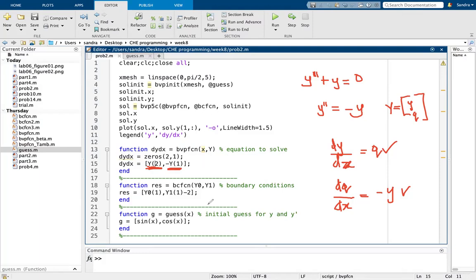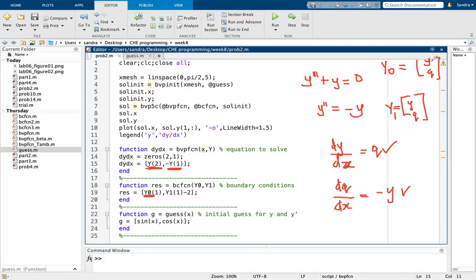Now I need the boundary functions. Remember, the boundary function is the boundary condition itself. The first boundary condition is 0. So you just write y0. Again, remember, I have here two values, y0, which has y and q, and y1, which has y and q.